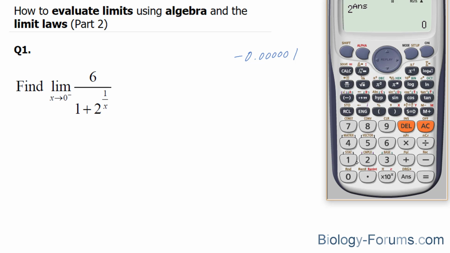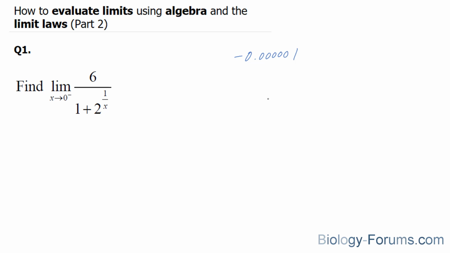And let's pretend that we took 1 and we placed this number in here, 1 divided by negative 0.000001, and we ended up with the number negative 1 million. And subsequently, we took 2 to the power of negative 1 million. What would we get?